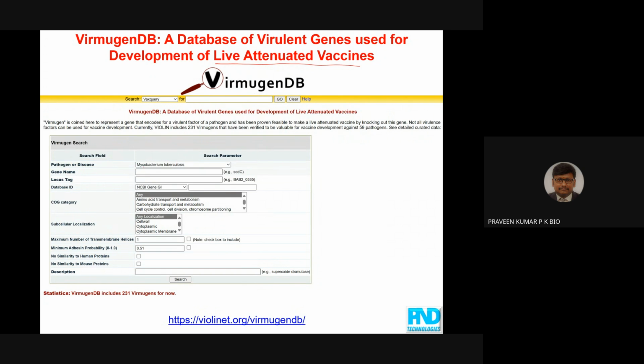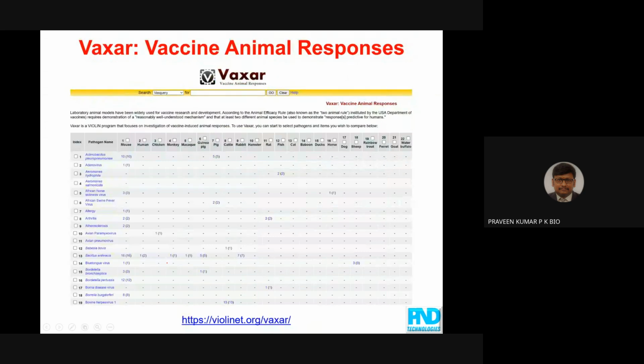If you see, plenty of examples are provided. Here they have given the first example as Mycobacterium tuberculosis. Check with this, you can find virulence genes. Then Vaxar, vaccine animal response. What animals can we find, and corresponding vaccines, in this database Vaxar? We find plenty of pathogens, and around 22 different animals are mentioned here.